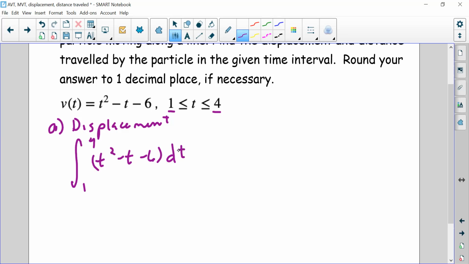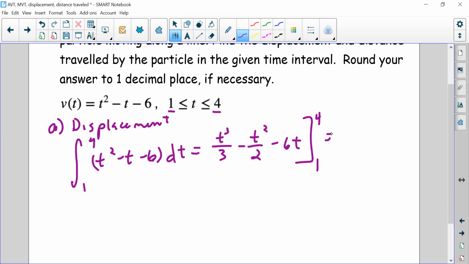Alrighty. So what is the antiderivative of t squared minus t minus 6? Minus 16. Evaluate it from 1 to 4.